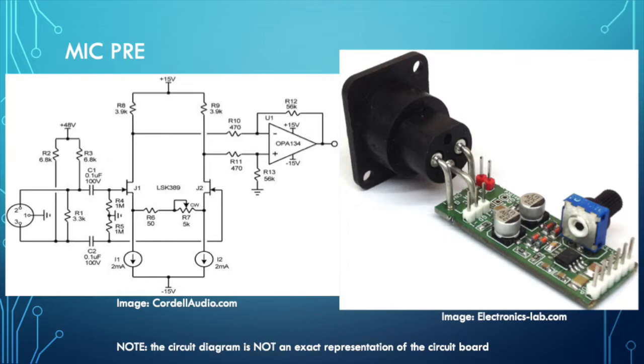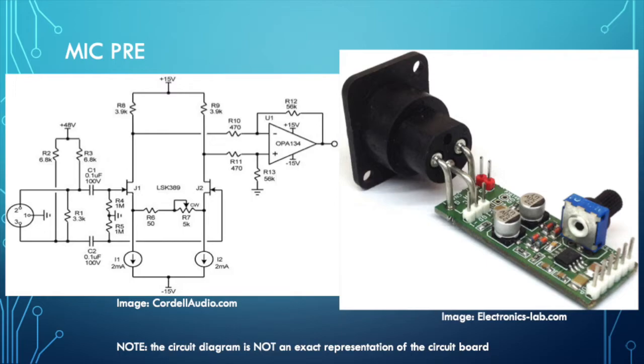And so this slide just shows a schematic of a microphone preamp, and next to it is a really basic circuit board mic pre. These two images don't totally correlate to each other.